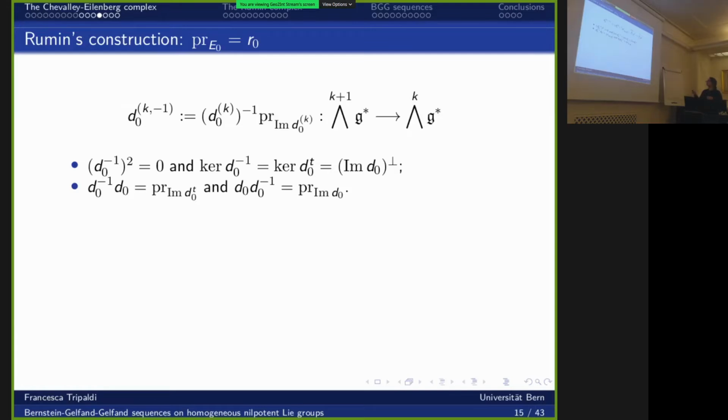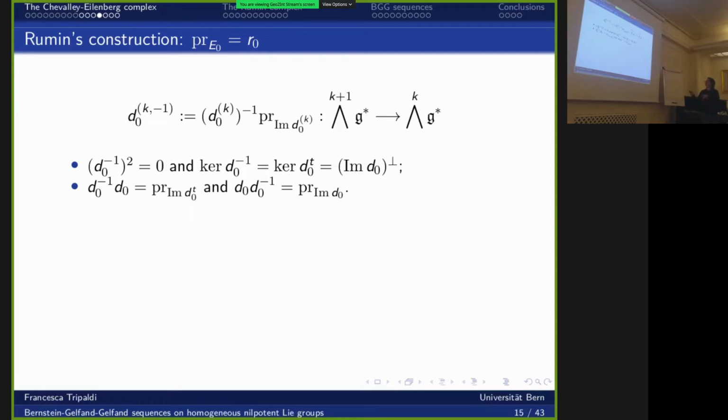Basically, when restricted to the image of d0, I can construct the inverse of d0. So this is d0 inverse. And the nice thing is that d0 inverse after d is the same as taking the projection onto the image of d0 transpose. And d0 after d0 inverse is the projection onto the image of d0.